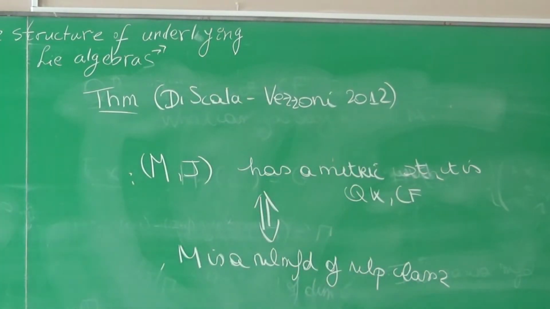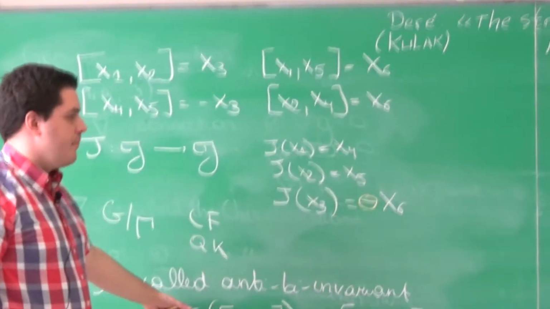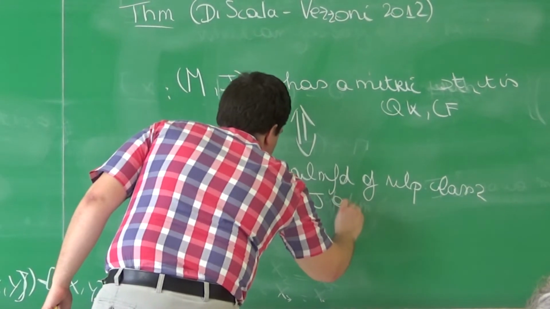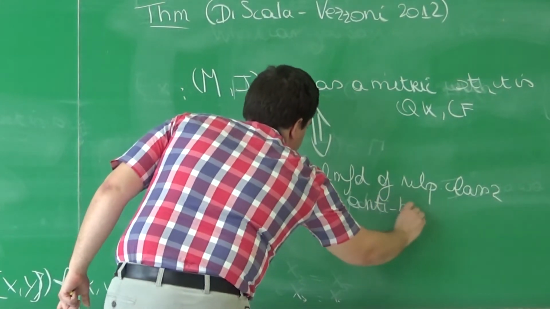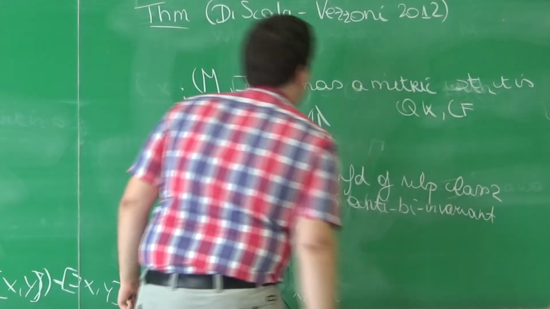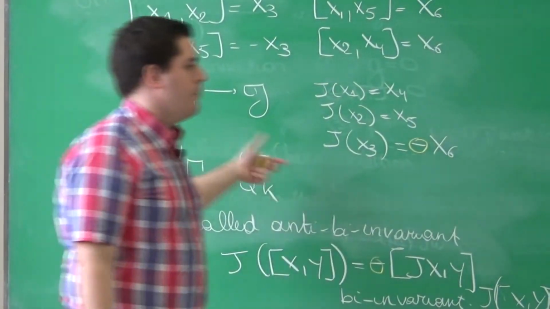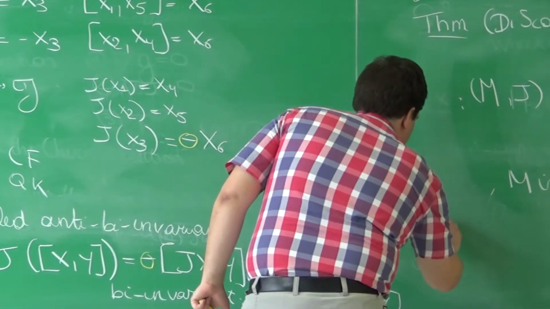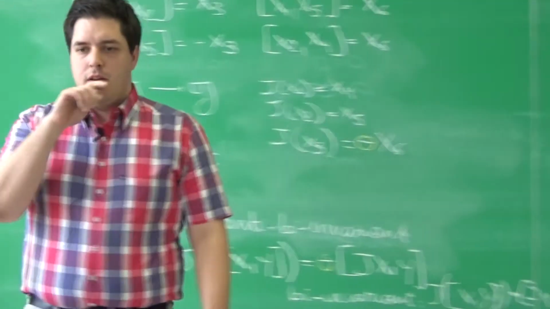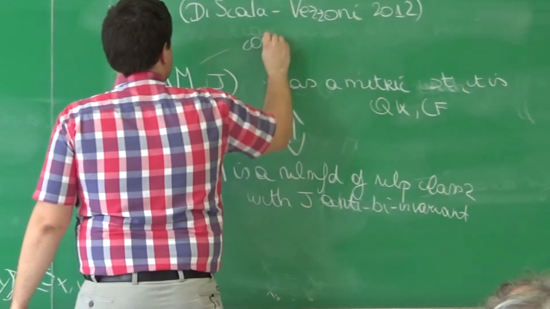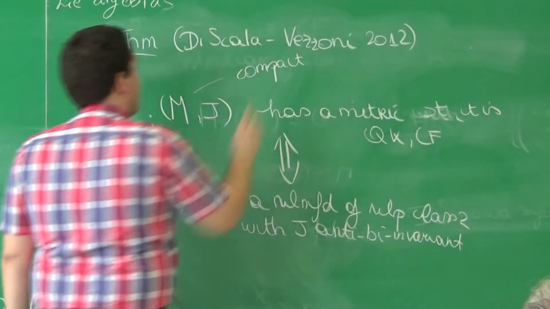So exactly as we had before, with the structure that I described here, with J anti-bi-invariant. So this is not just an example, it's really the prototype example, and all examples look like this. And I didn't say anything about the metric, but what you can show is that, I'm sorry? Yeah, M is compact. Sorry, I should have said so.